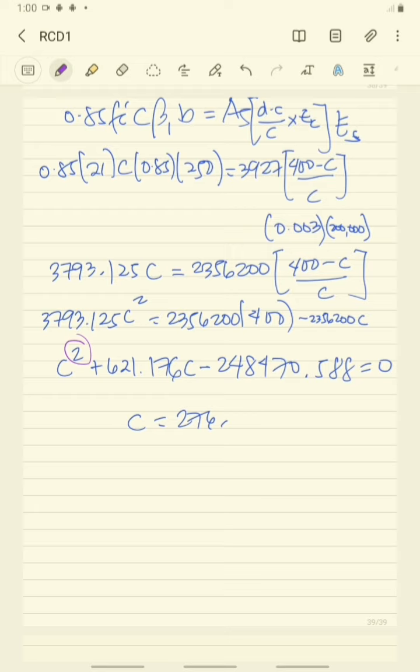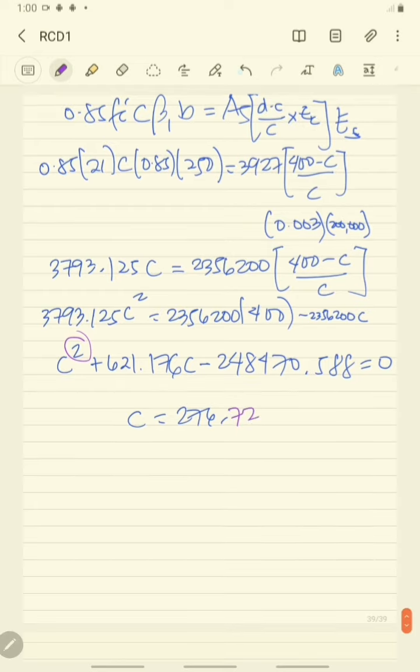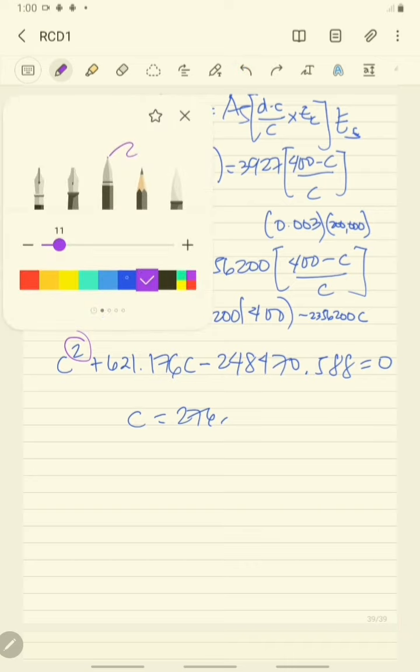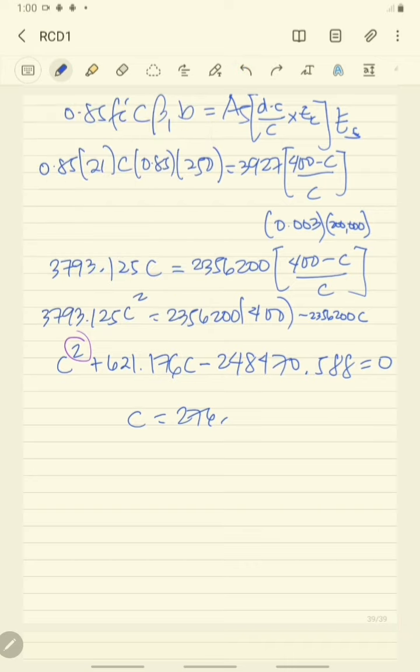Okay, you have 276.724, or the other value is negative 897.9, so that is impossible. There is no physical meaning for the negative value, so we use 276.724 for our c value.